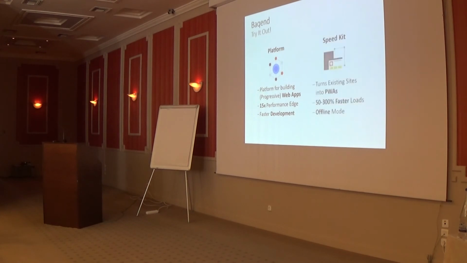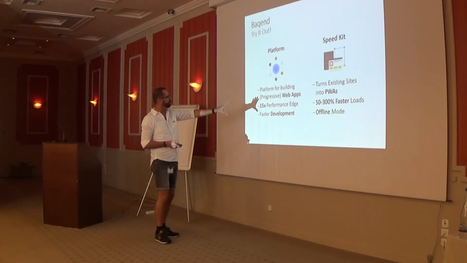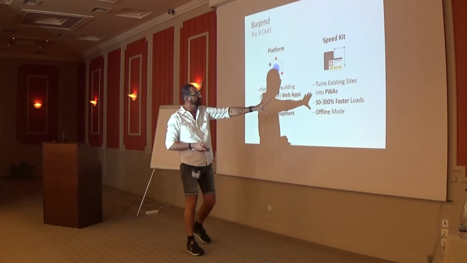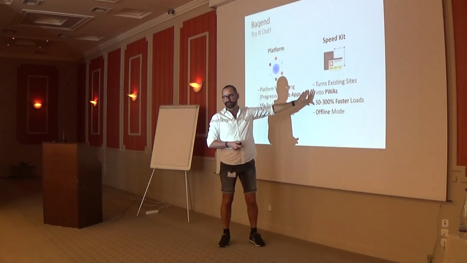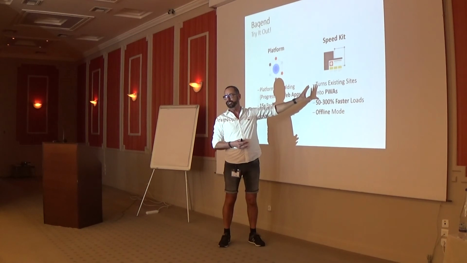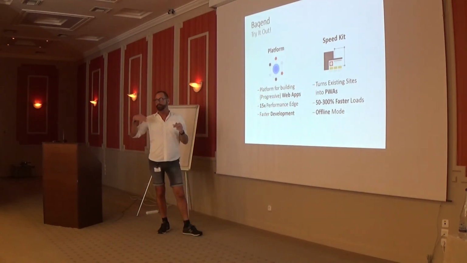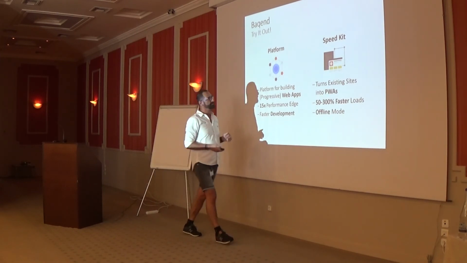On the backend, this is what the startup provides. It's the platform for web applications. It has additionally a speed kit, which is based on the new service worker standard. You possibly know it: it is something which is running in the background of your web browser.